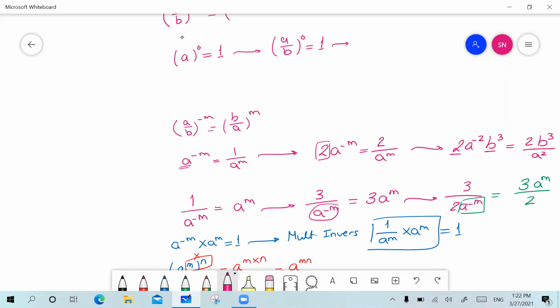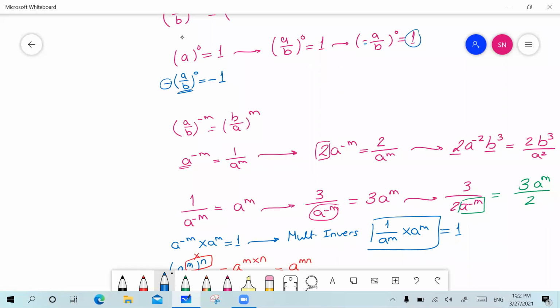But take care, even if this is a negative number, any negative number raised to the power of 0 is equal to 1. But if the negative was outside of the bracket, then the negative will stay as it is, and the answer of this bracket is 1. When? When the negative is outside of the bracket. But if the negative is inside of the bracket, still I am going to have 1.